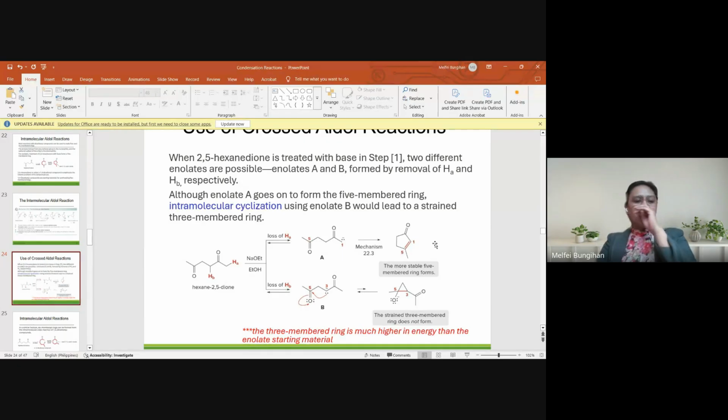Now, we can also have a cross-aldol in an intramolecular reaction, because you see here the compound is no longer symmetrical.